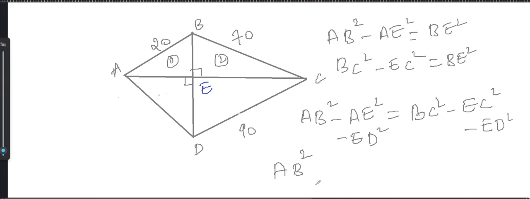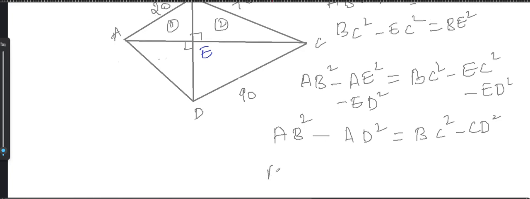AB square minus AD square is equal to BC square minus CD square. So we are going to get AB square plus CD square is equal to AD square plus BC square.